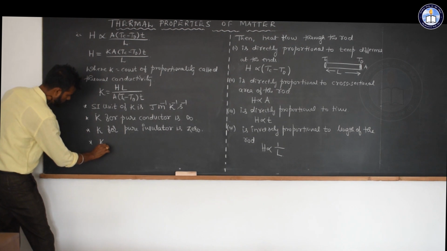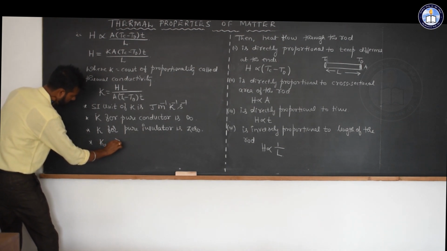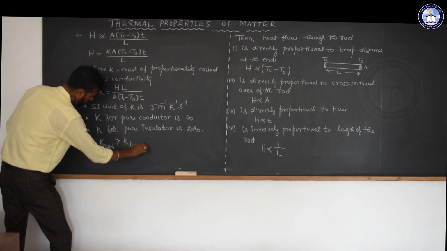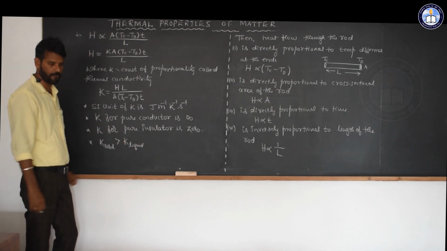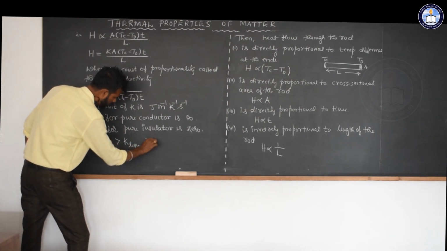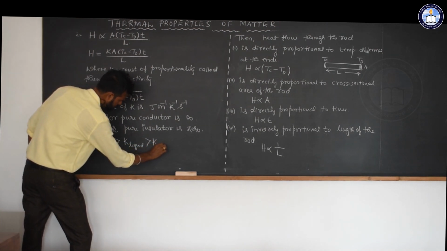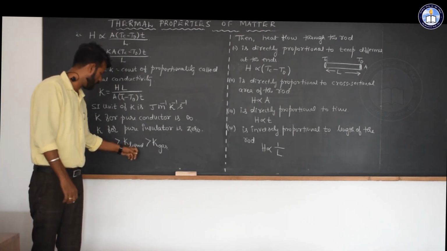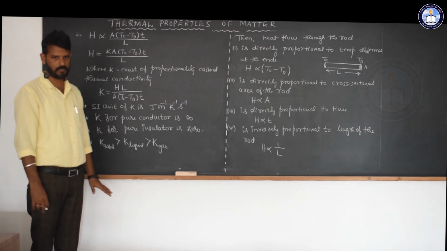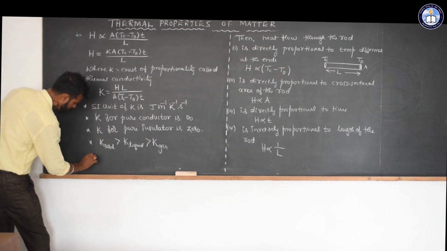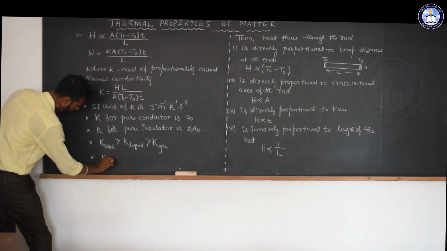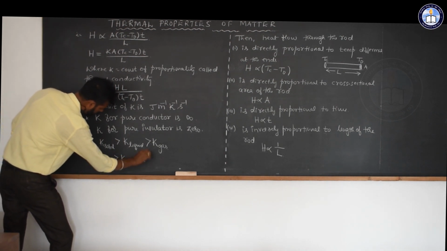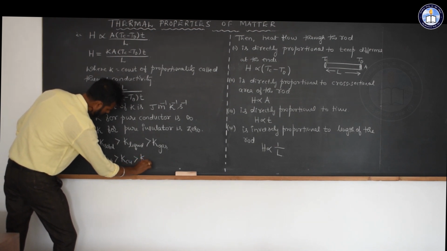Further you can consider some materials. K of solid is greater than K of liquid, which is greater than K of gas. The thermal conductivity of a solid is always more compared to a liquid, whereas a liquid is more compared to a gas. Among some elements, K of silver is greater than K of copper, which is greater than K of aluminium.